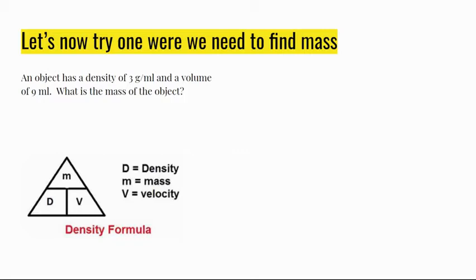Let's try another one. So here we have an object that has a density of 3 grams per milliliter and a volume of 9 milliliters. What's the mass of the object? So first we pull out what we know and what we don't know. We know the density is 3 grams per milliliter, but we don't know the mass, but we do know the volume is 9 milliliters. So how do we now use this triangle? Well, I don't know mass, so I'm going to cover it up. And so now what does it look like we do?